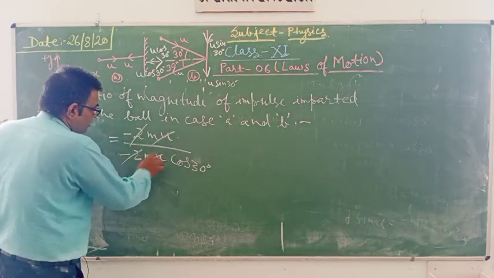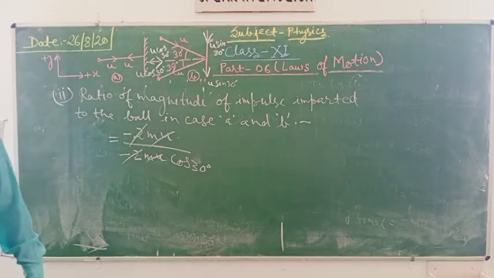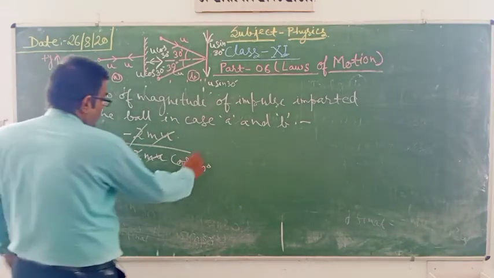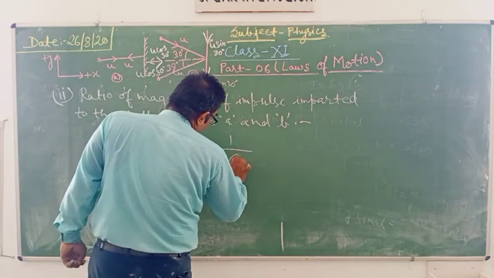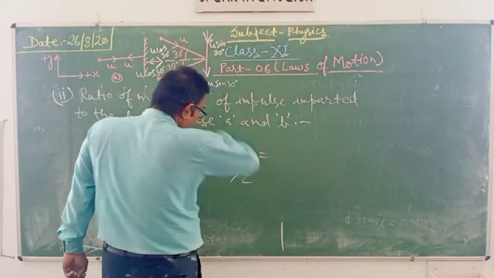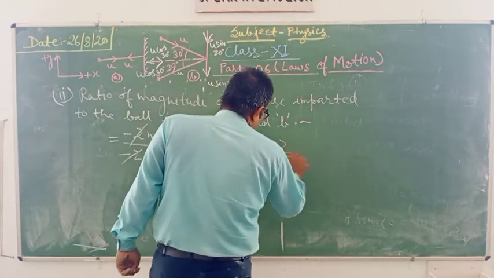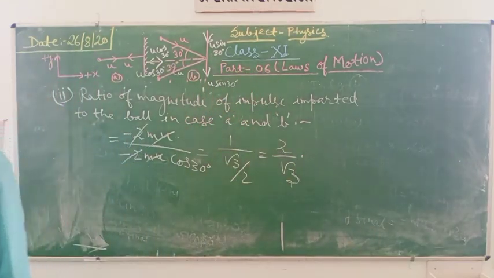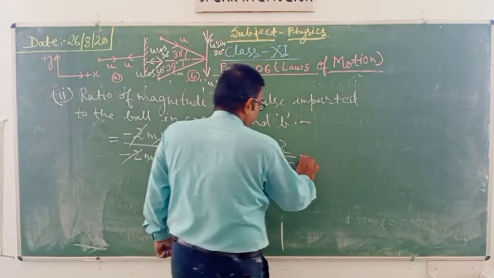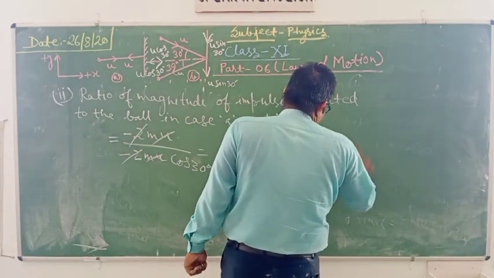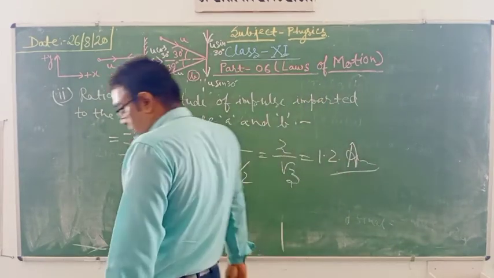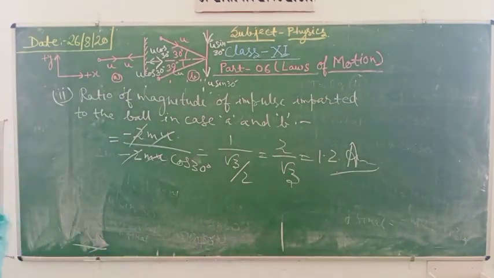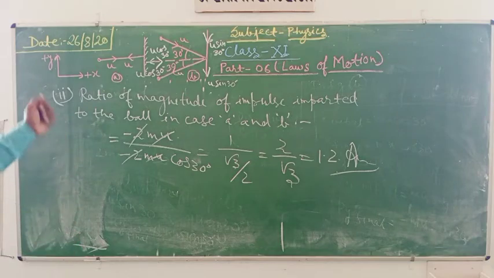It will cancel out, and the result is 1 upon root 3 by 2, and it is equal to 2 upon root 3, and its value is 1.2. This is done. So dear students, it is a good question and asked in the examination. So we had discussed here.